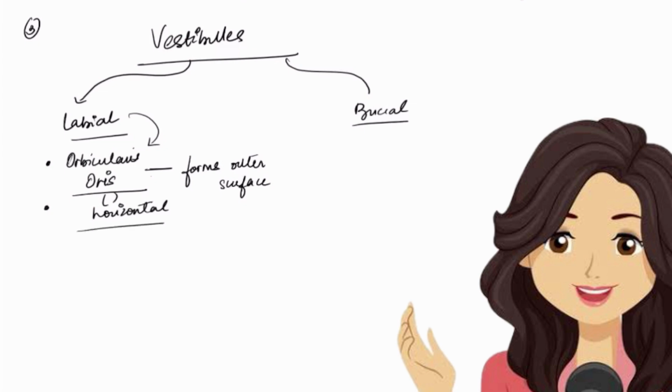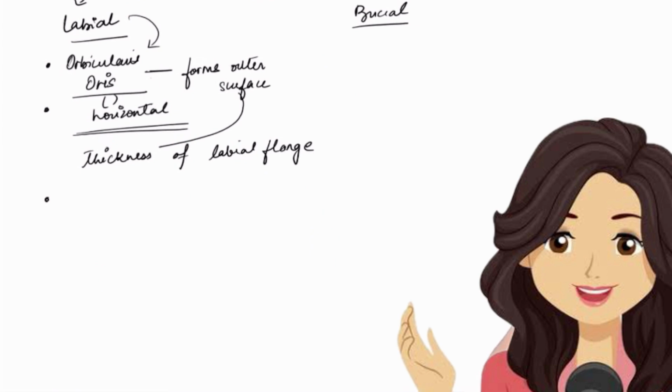The horizontal fibers affect the thickness of the labial flange. So when we are doing our border molding procedures, we need to mold our upper lip so that the correct thickness of our flange is attained.